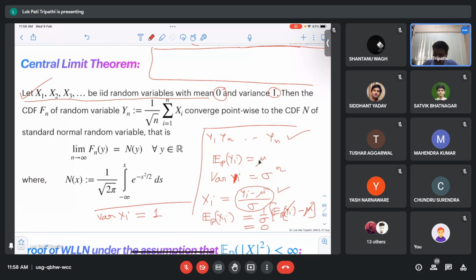Instead of working with such random variables, we will work with this special type, standardized. Now, the cumulative distribution function of these random variables will converge pointwise to the cumulative distribution function of the standard normal random variable, meaning the limit of F_n(y) equals Phi(y) for all y, where Phi is the CDF of the standard normal variable.